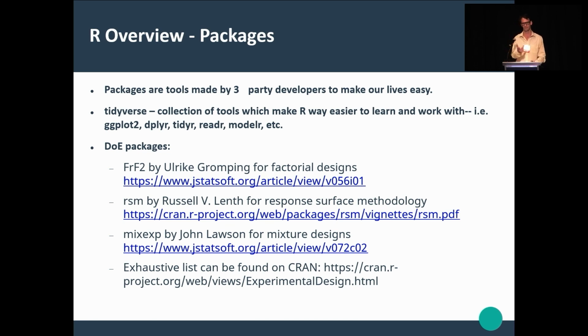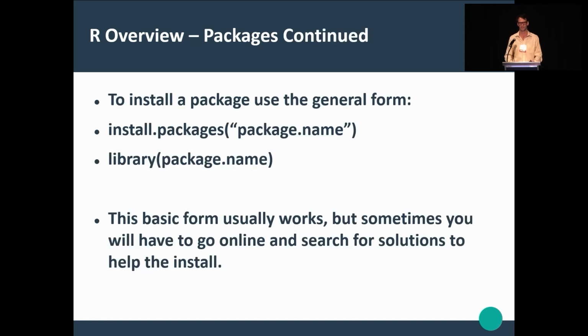There's an exhaustive list on this website, CRAN, that's just everything R. You can go to that link and find all these packages that people have made. It's a wealth of riches. To install a package, you basically want to go into your R interface and type install.packages, quote, package name, and then in the future, you can just call that library.